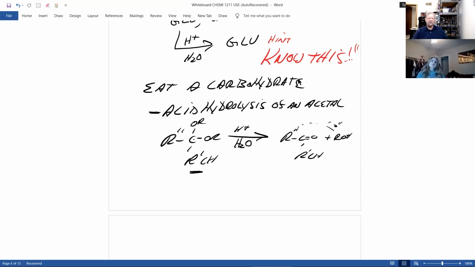Words: acid hydrolysis of an acetal. General reaction: acetal and ketal, acid and water. You get back the aldehyde and ketone you would have used and the alcohol you would have used to make that acetal or ketal. So you should know this.